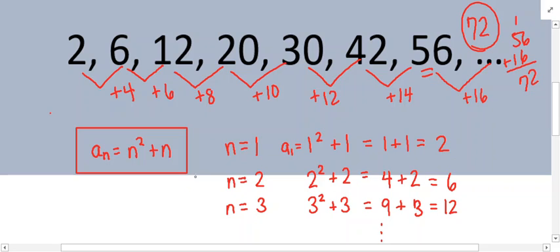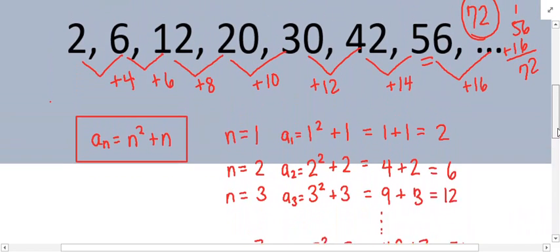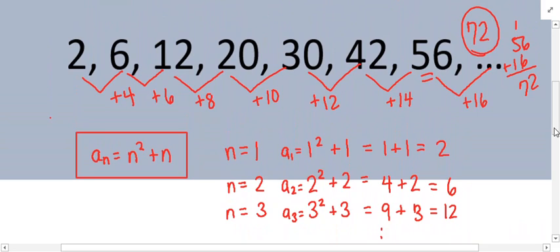And then I plugged in n equals 2 into the formula. That gave me a2, which is the second number in the sequence, which is 6. And then I plugged in n equals 3 to get a3, the third term in the sequence, which is 12, and so on. I even computed a7. Okay, so yes, a sequence is a function.